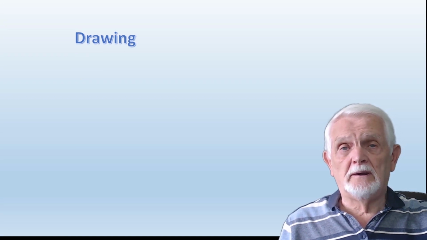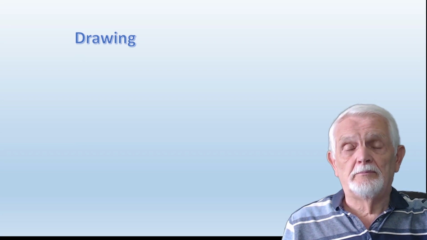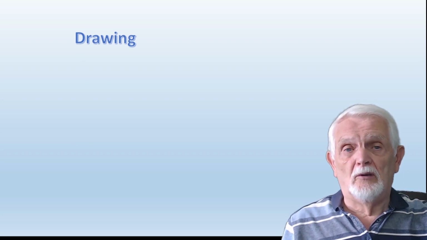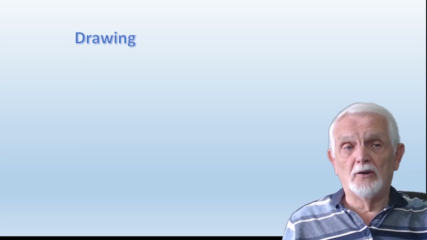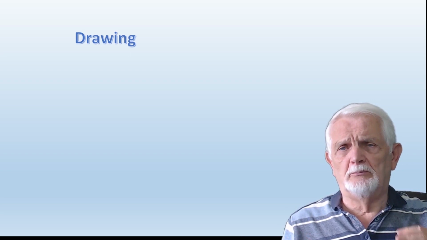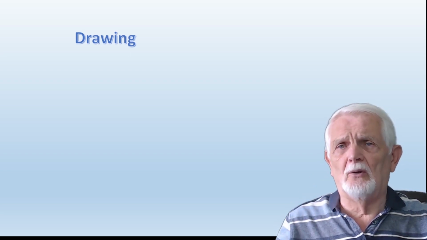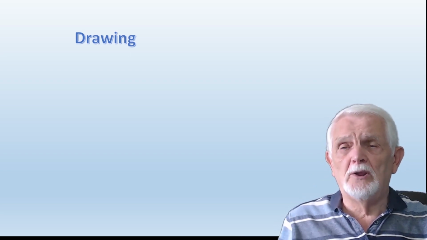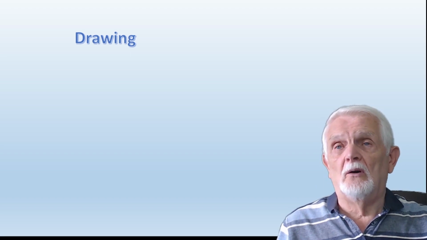Okay, so we're able to display text, the value of variables, various other characters, but what about the lines and boxes and rectangles and all that kind of stuff? How do we actually draw on the screen?